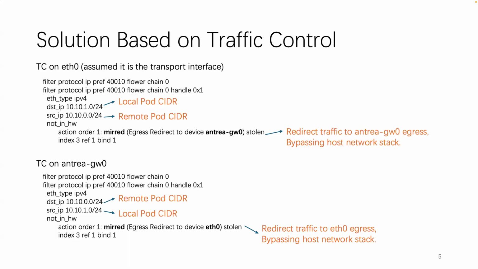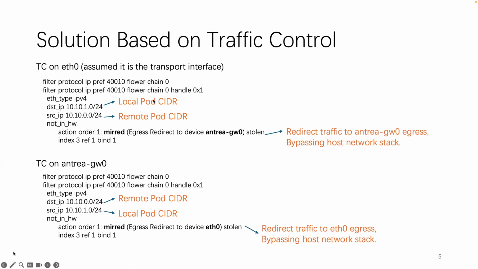Next, for the TC rule, we need to add one rule installed on ETH0. We assume that it is the transport interface. This is the reply direction.